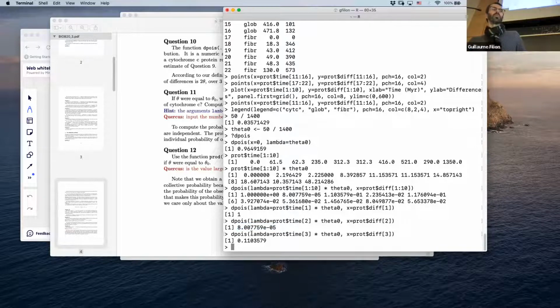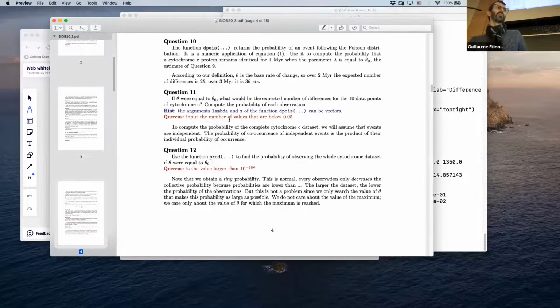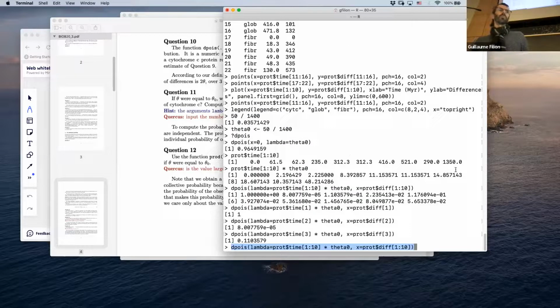Again, I can do this for the third. So I keep matching the expected values for each case with the value that was actually obtained, and R is fine with that. You can just package it all into one single call, and it's fine. It understands that the values of times are matched with the values of the differences here.